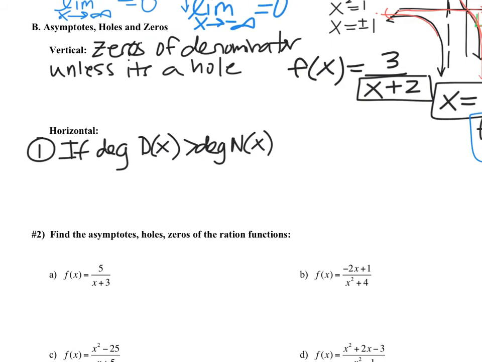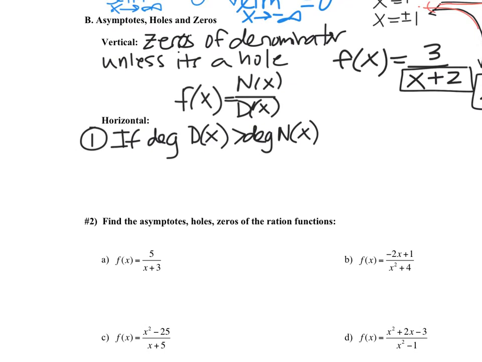Okay? So let's say we have some function n of x over d of x. So if the polynomial in the denominator on the bottom is a bigger degree than the one on the top, then you will get a horizontal asymptote of y equals 0. Okay? Every time. Every time.